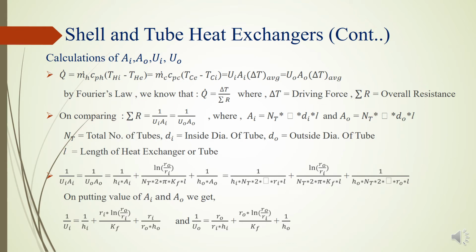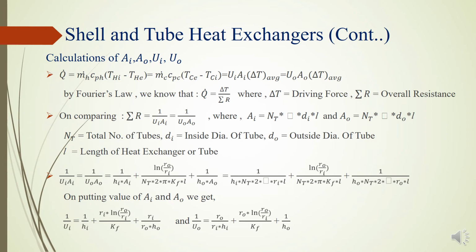First we should know about the fouling factor. The fouling factor, that is Hi and Ho, represents the theoretical resistance to heat flow due to a buildup of a layer of dirt or other fouling substances on the surface of the tube of the heat exchanger.